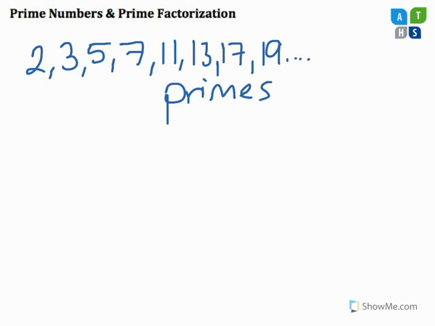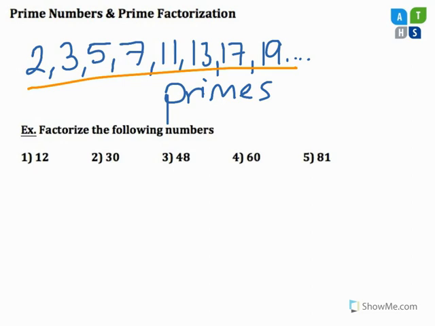So, prime factorization is strongly related to prime numbers, because if we have an example like this, we should see that factorize means find the prime factors of the numbers. So, I'm going to solve 12 first.